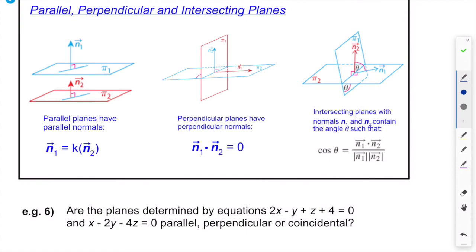If the two planes are perpendicular, obviously their normals are also perpendicular to each other, so n1 dot n2, the dot product, is equal to 0. But if the two planes intersect at an angle, then we can figure out the angle between the two planes by considering the cosine theta definition using the dot product.